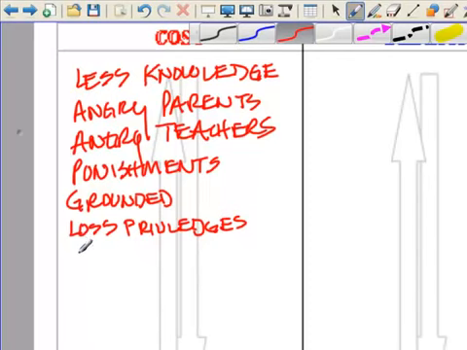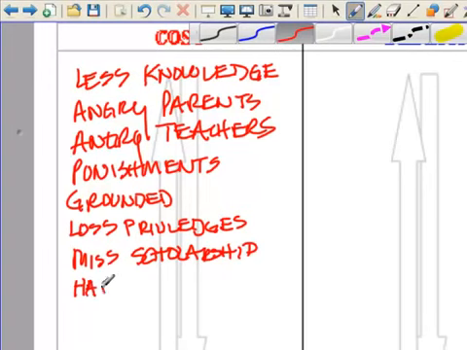You could end up with, let's see, some bigger long-term things, like maybe missing scholarships. Obviously, that is the case if you allow it to turn into a habit. Okay, if it turns into a habit, that's kind of funny.